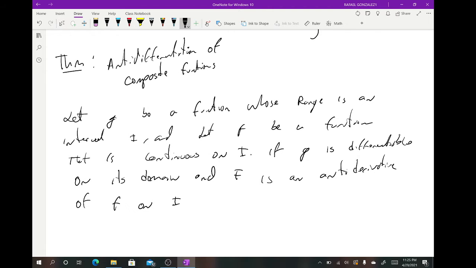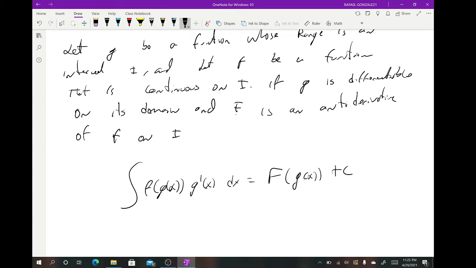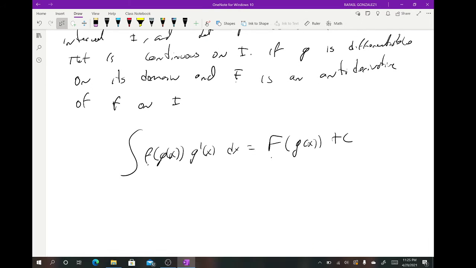Notice this is a lowercase f, this is an uppercase F. Then the antiderivative of f of g of x times g prime of x dx is equal to F of g of x, where capital F is the antiderivative, plus c.